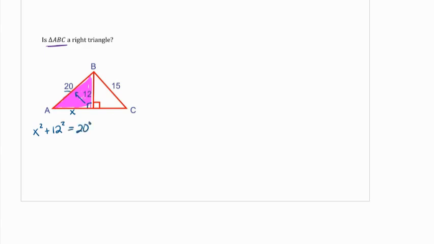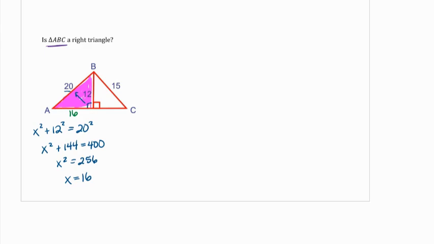Oops, not 20 degrees, sorry, 20 squared. So I can just use Pythagorean theorem to solve for that side. So we get x squared plus 144 equals 400. So x squared will equal 256, which means that x equals 16. Okay, so now we've got this side here that we know is 16.